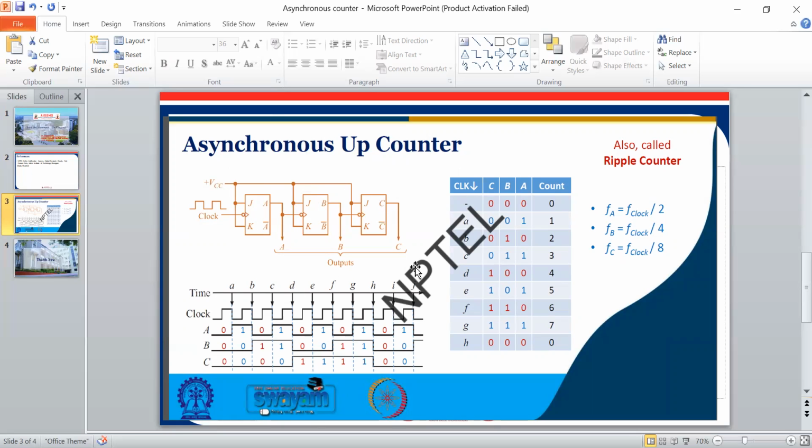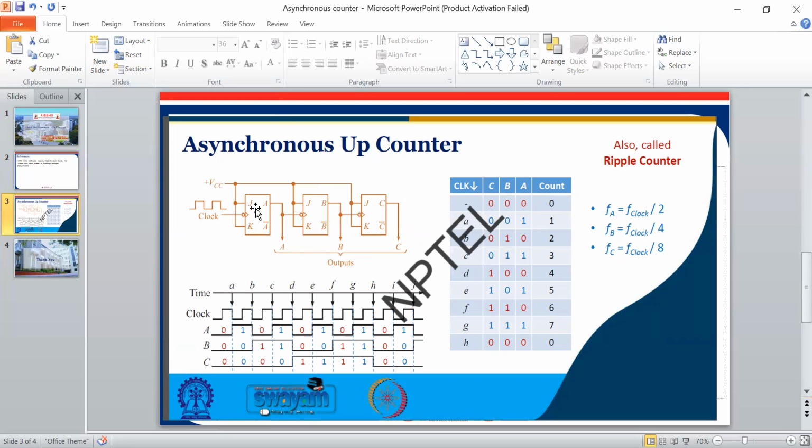In this circuit, we can see the clock signal is applied to only the first flip-flop, that is flip-flop A. The clock is not applied to flip-flop B and flip-flop C. That's why it is an asynchronous counter. As here 3 flip-flops are used, it is a 3-bit asynchronous counter.